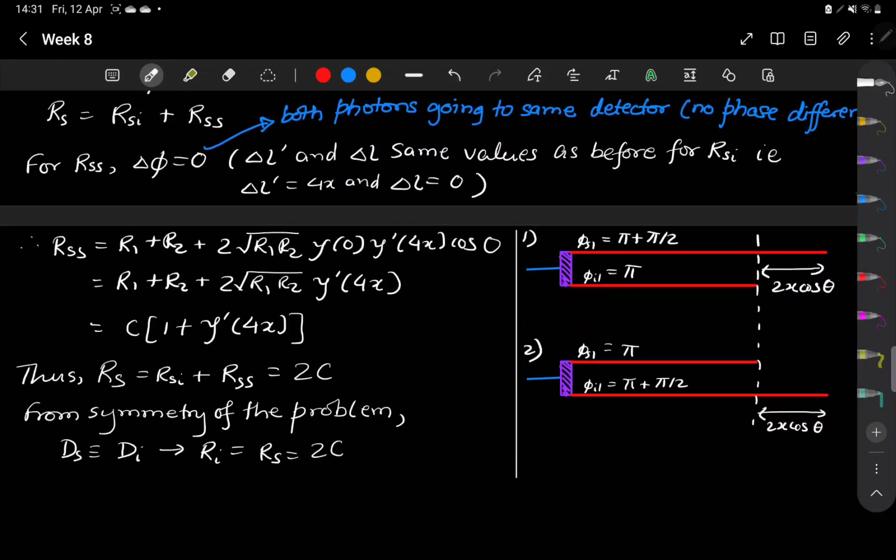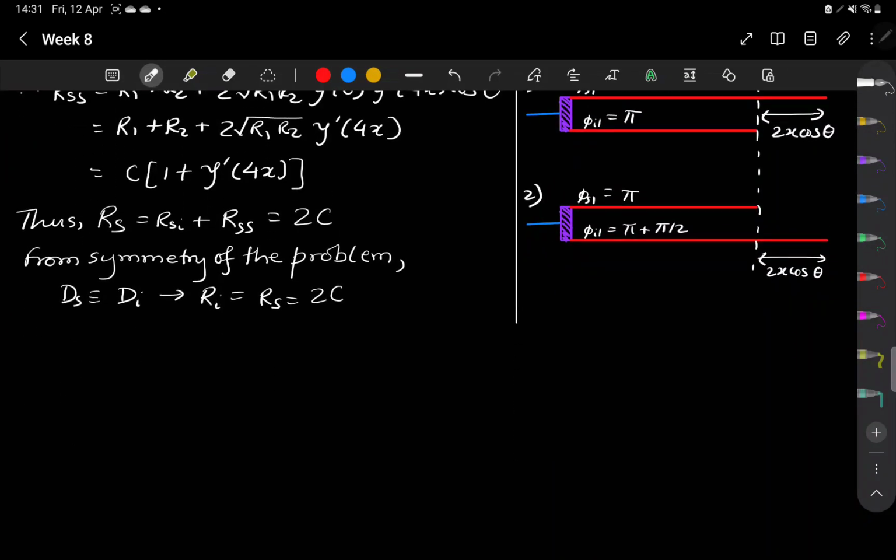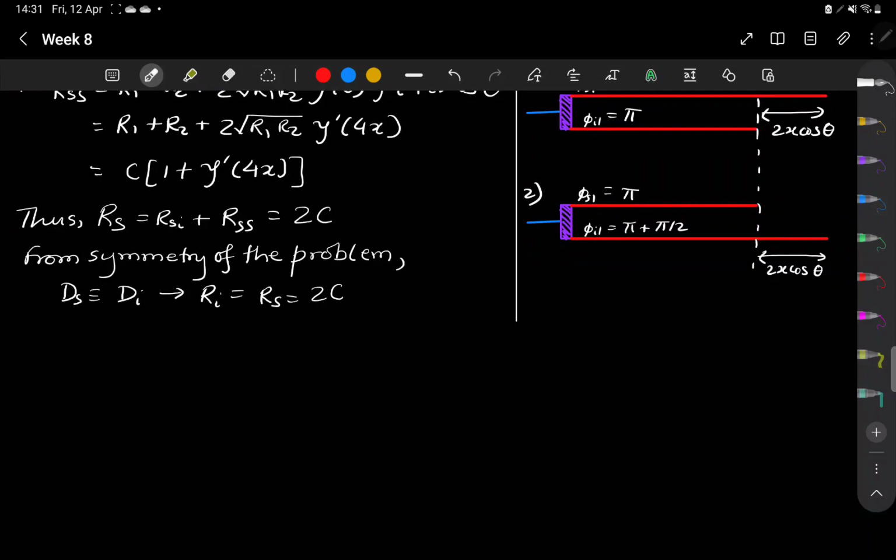So these are the alternatives. Now we can move to the next part.